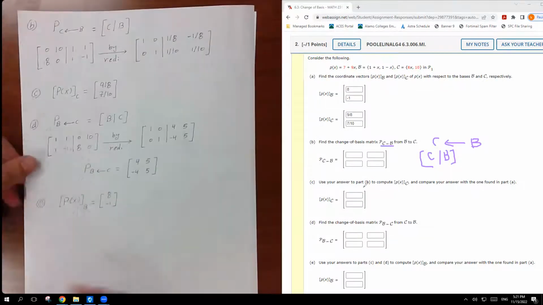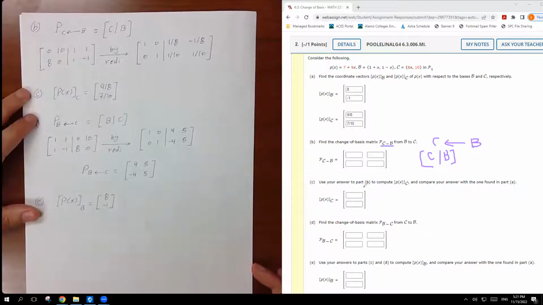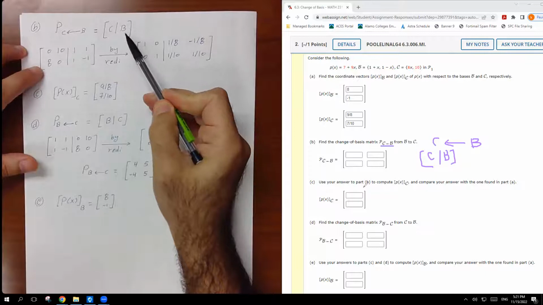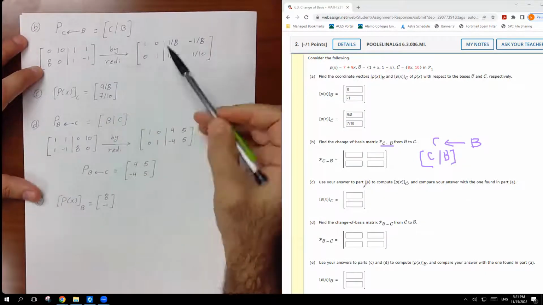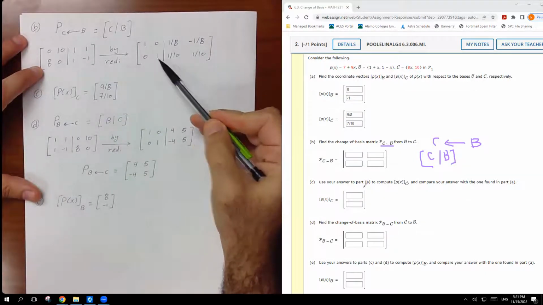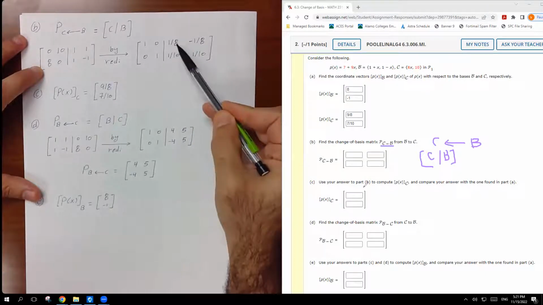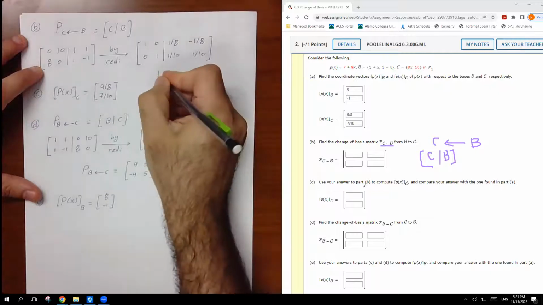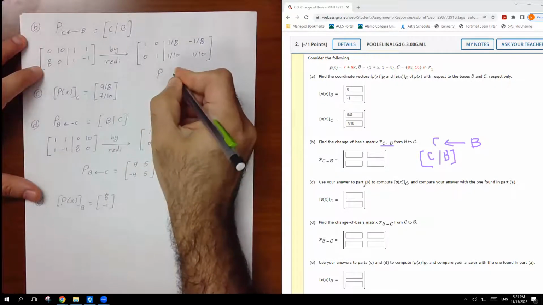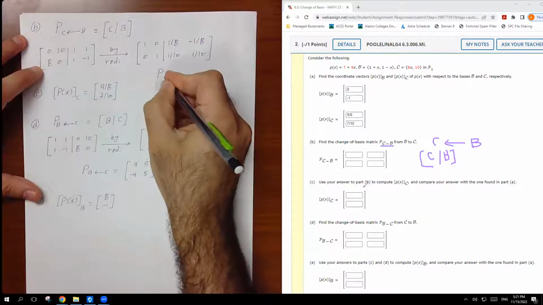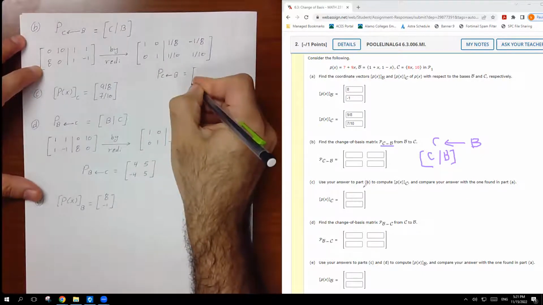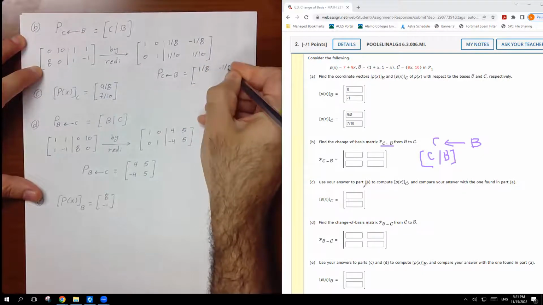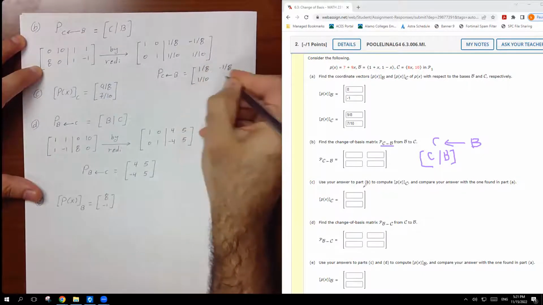So here's the second part. To find the change of base from B to C, we're going to write down C first, then the base B. By reduction, we get 1, 0, 0, 1 on this side, and on the other side 1 over 8, -1 over 8, 1 over 10, 1 over 10. That means the change of base from B to C is equal to 1 over 8, -1 over 8, 1 over 10, 1 over 10.